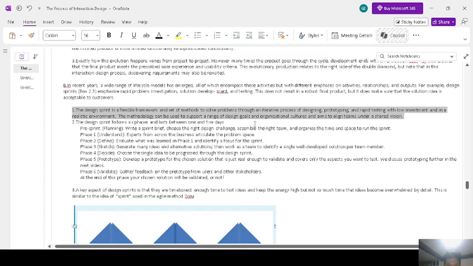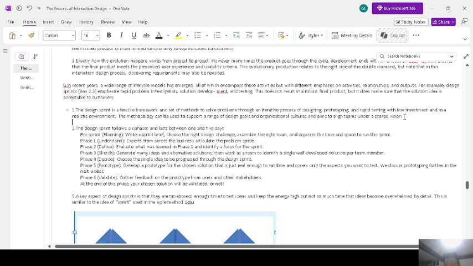The design sprint is a flexible set of methods to solve problems through an iterative process of designing, prototyping, and rapid testing. The methodology can be used to support a range of design goals and organizational aims under a shared vision.